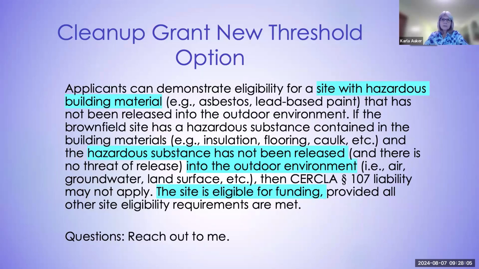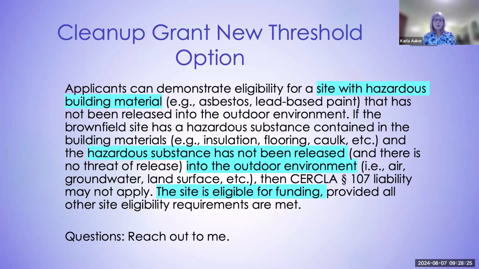If it's still in the building, CERCLA doesn't apply. Just flat out indoor contamination that's not been released and does not pose a threat to human health and the environment outside the building is not a CERCLA waste.